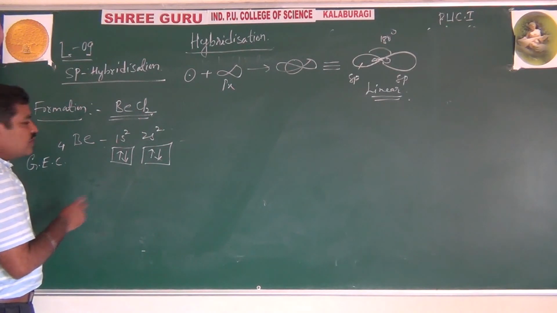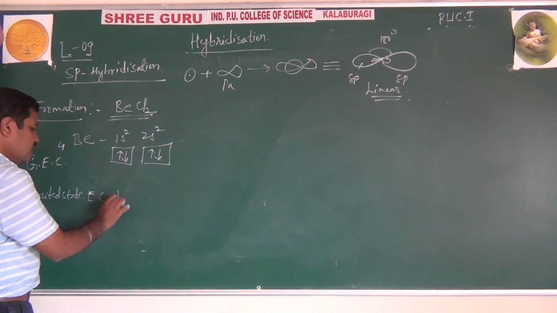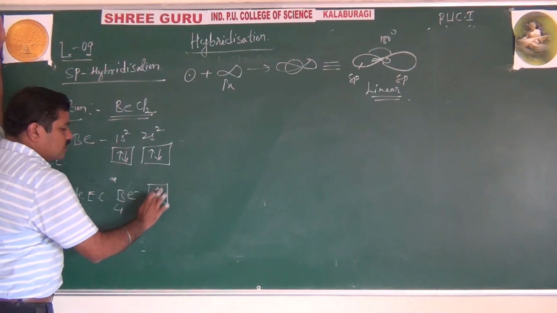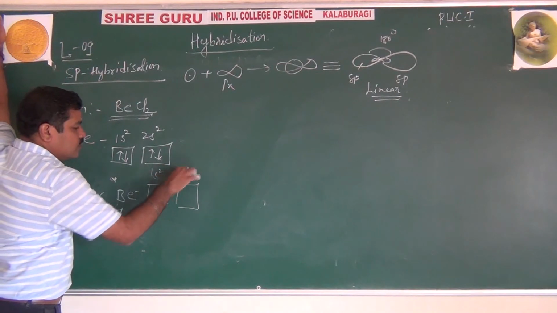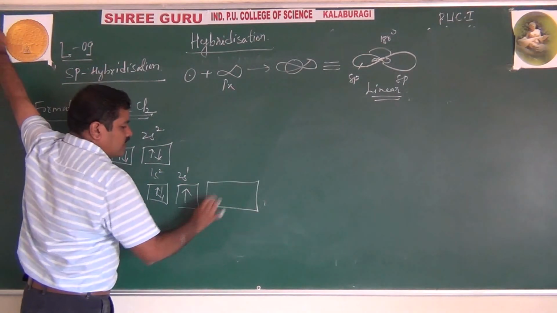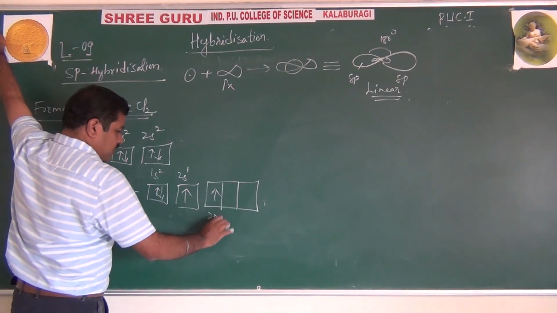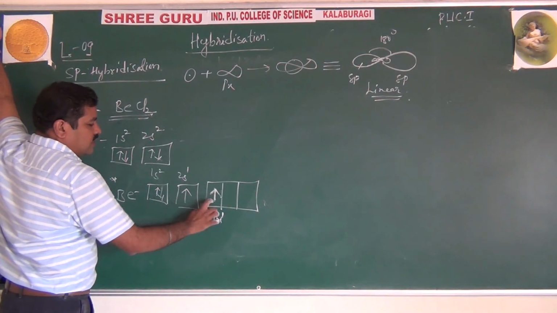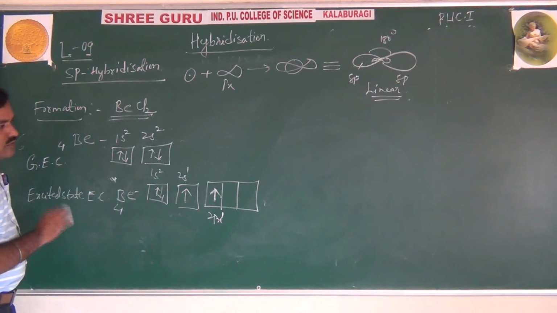See, the excited state electronic configuration of beryllium: the 2s electron gets excited, so 2s1 and 2px1, making it bivalent. Now there are two half-filled orbitals ready for beryllium chloride, because there are two chlorine atoms.